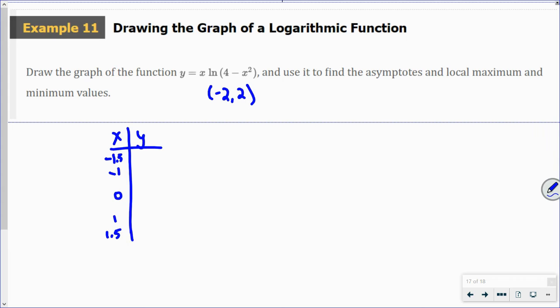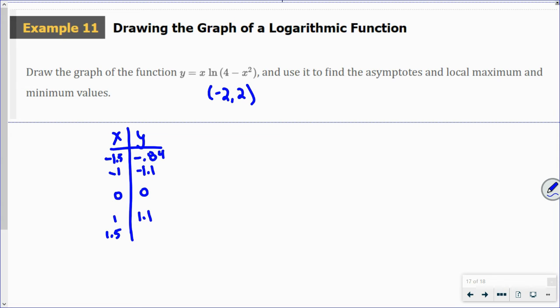Okay, so looking at the table, -1.5 is -0.8. -1 is -1.1. 0 is 0. And 1 is 1.1. And 1.5 is 0.84.